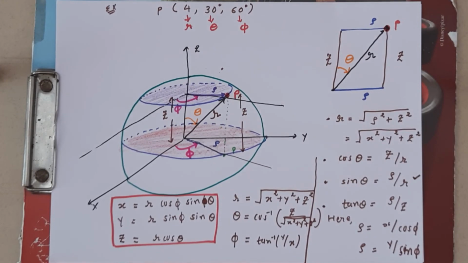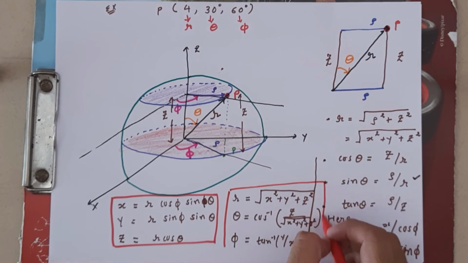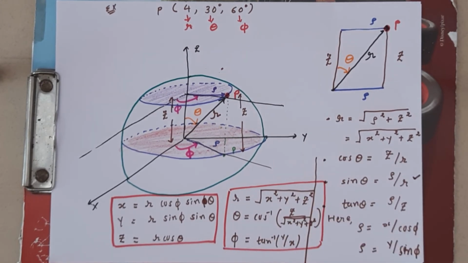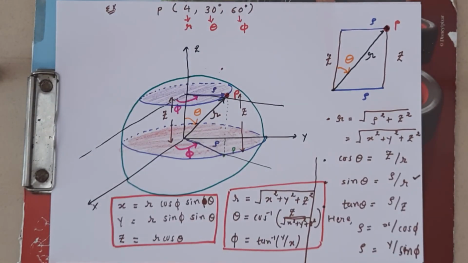So I have derived the relationship between spherical coordinate system and Cartesian coordinate system. It's very easy. In today's lecture we discussed the spherical coordinate system.